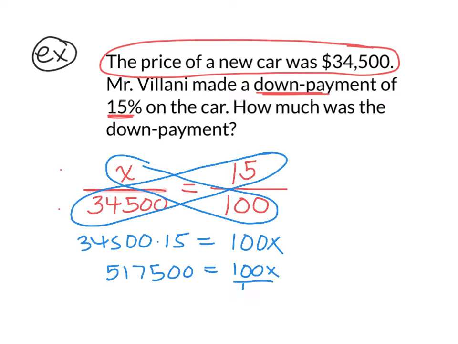And then to solve, I would divide by 100. And I remember I can do this dividing by 100. So Mr. Villani would have paid $5,175 as his down payment. Okay, so part over whole equals percent over 100.